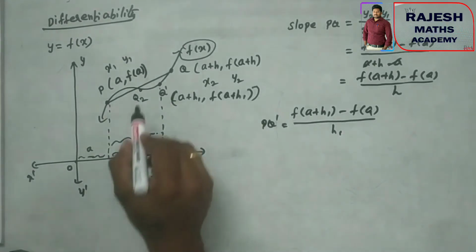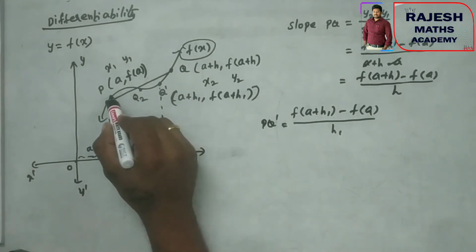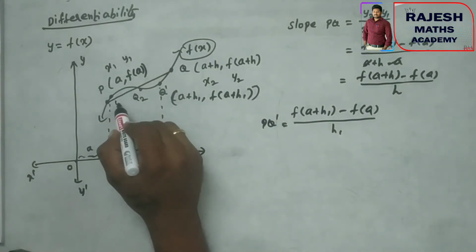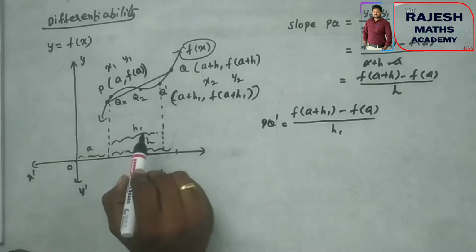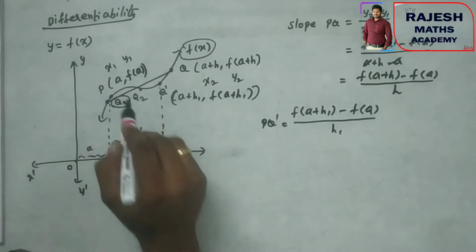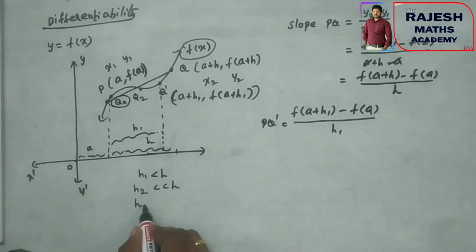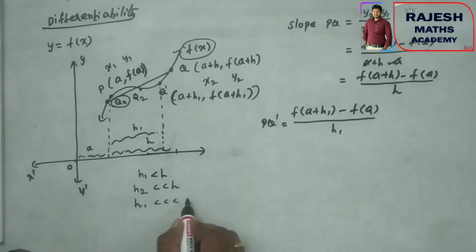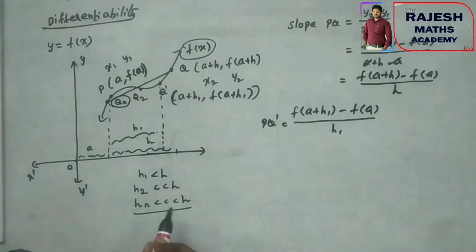Similarly, I am taking the point Qn, very close to P, with Hn very much less than the value of h. Clear?